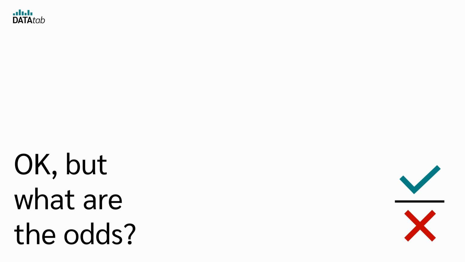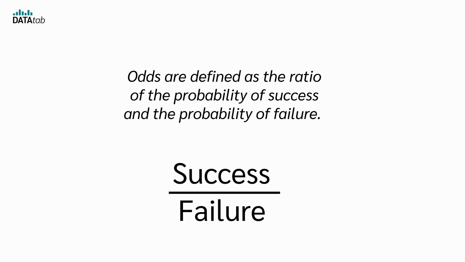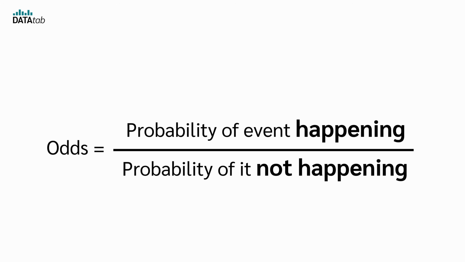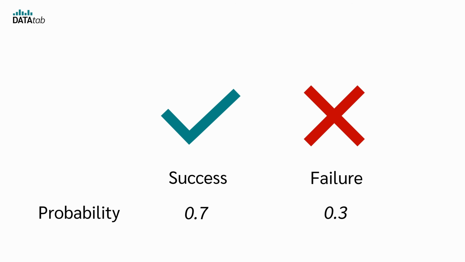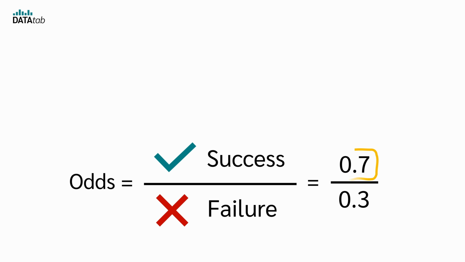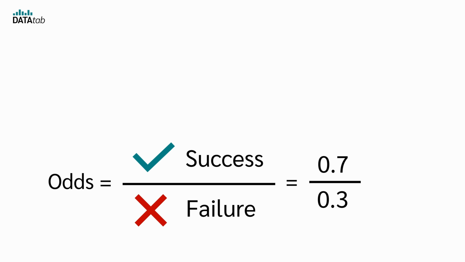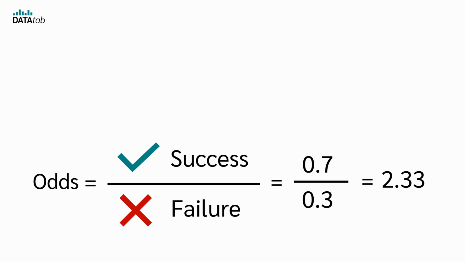Okay, but what about the odds? Odds are defined as the ratio of the probability of success and the probability of failure. Or in other words, odds represent the ratio of the probability of an event happening to the probability of it not happening. If we look at our example, the odds are 0.7 divided by 0.3, which equals 2.33.